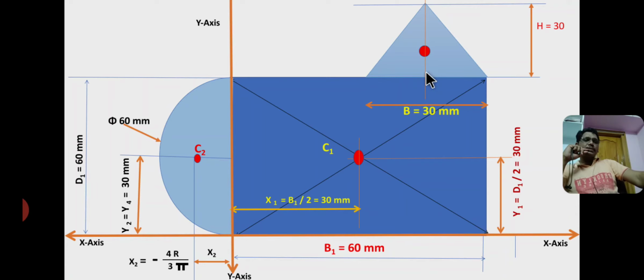This symmetric axis divides the base of the triangle into two halves, that is base by 2, 15 mm and 15 mm. The centroid of a triangle lies at a distance of h by 3 from the base and 2h by 3 from the apex point.